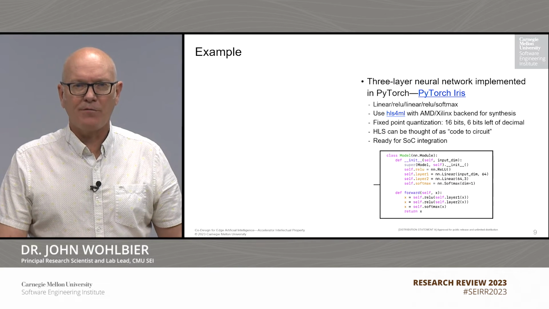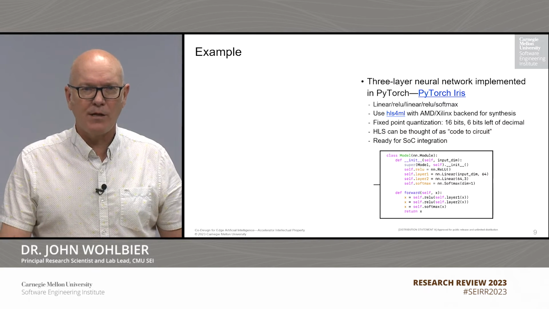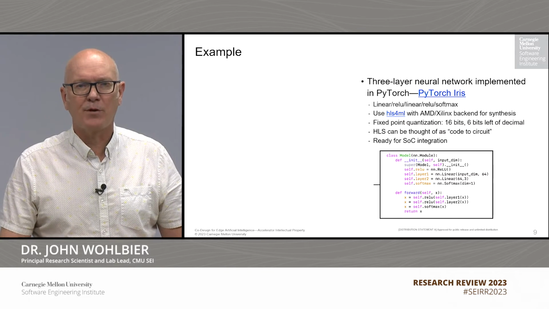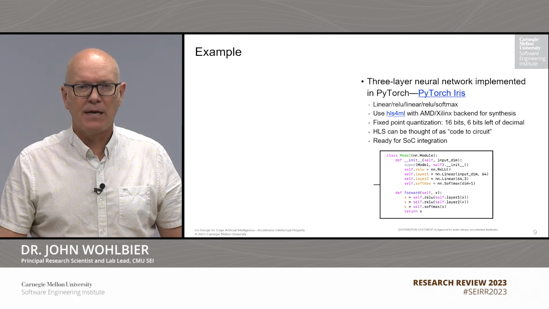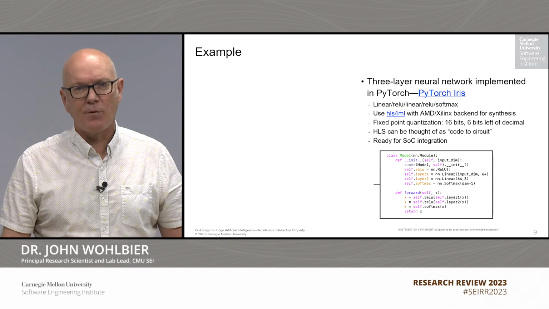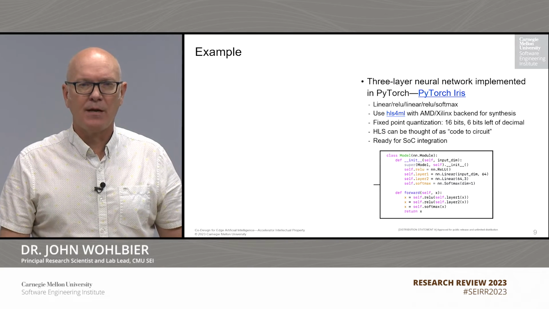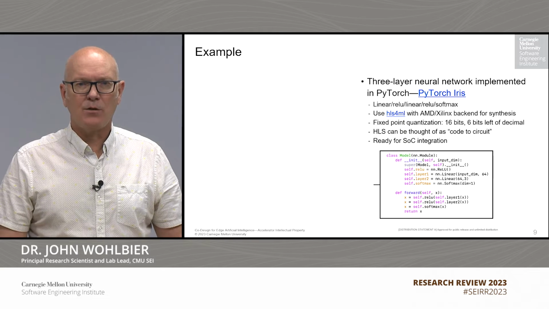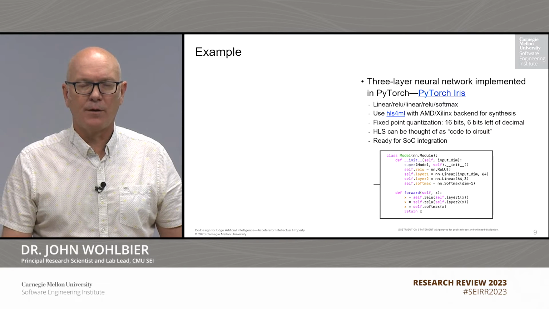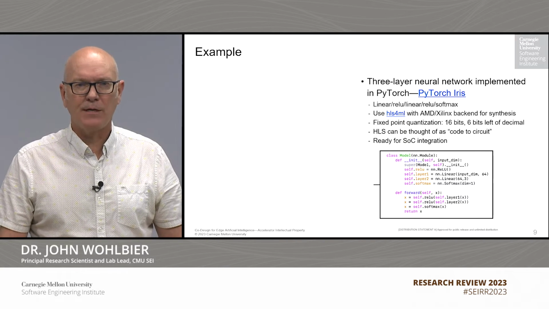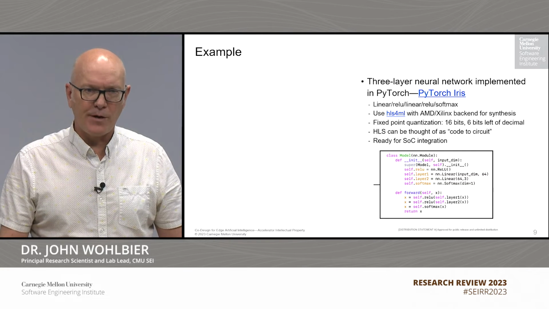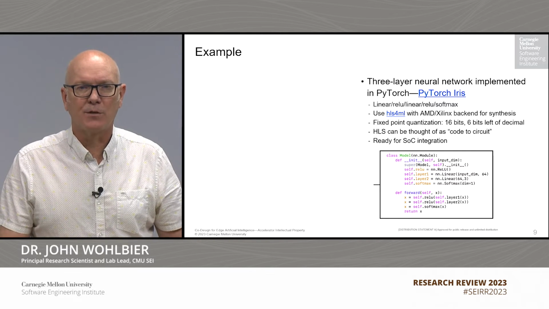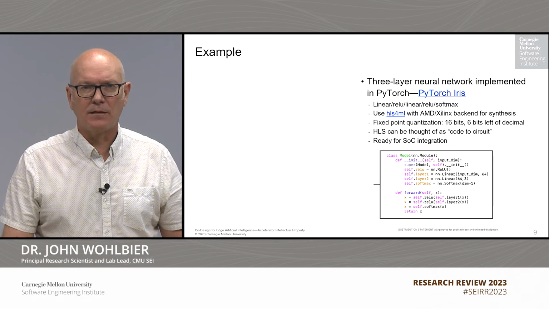In the model definition, you say I have a ReLU, and I have 2 linear layers with the given input dimensions and output dimensions, and I have a softmax. And then the forward function is where you actually implement it: X comes in, you put it through the linear layer, then you ReLU it, then you put it into the next layer, and you ReLU it, and then you ultimately output the softmax. So that's the neural network that we're going to be talking about.